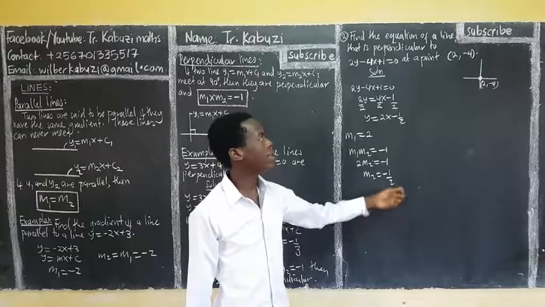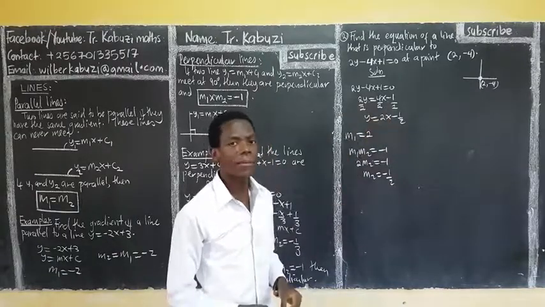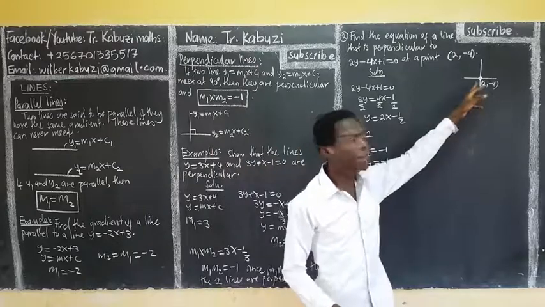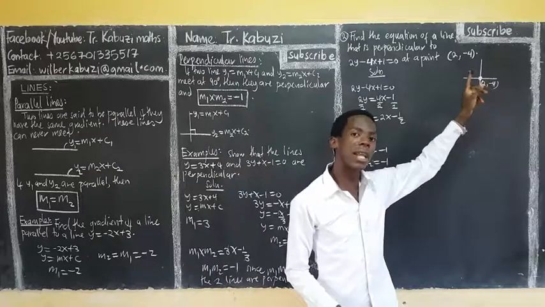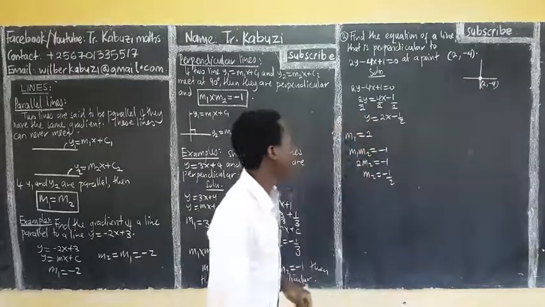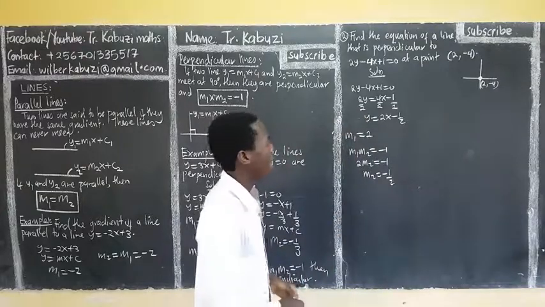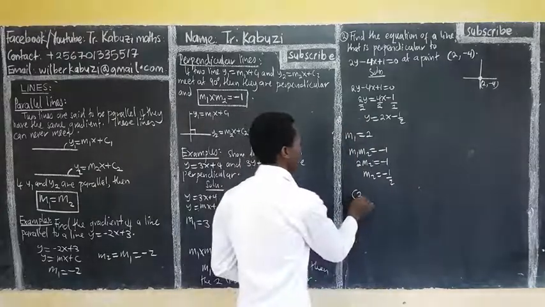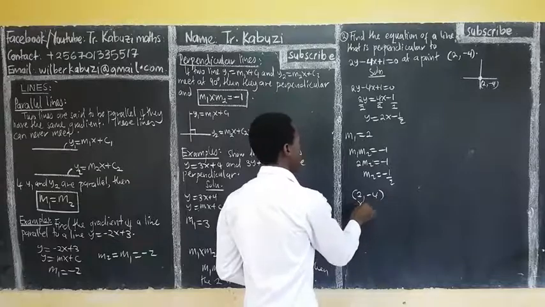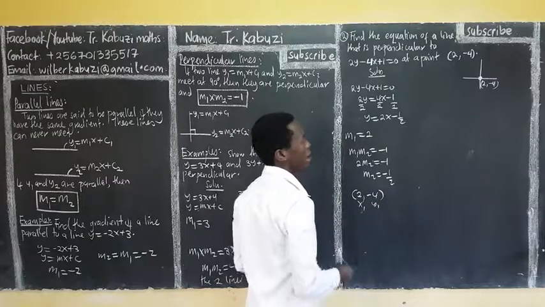So if I have the gradient and I have a point where that line is passing, because if they're intersecting at this point, it means that this point is on that line also, I'm going to just use my formula. Remember the point I have is 2, negative 4. This becomes x1, this one becomes y1.